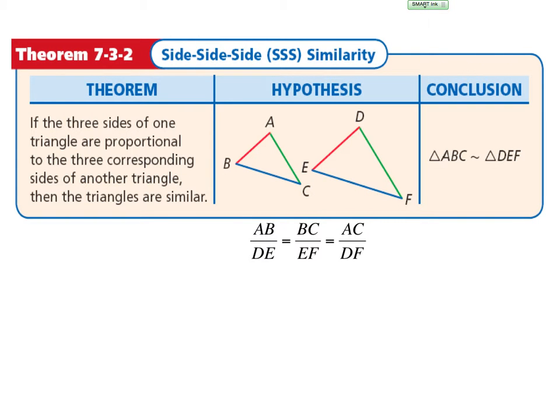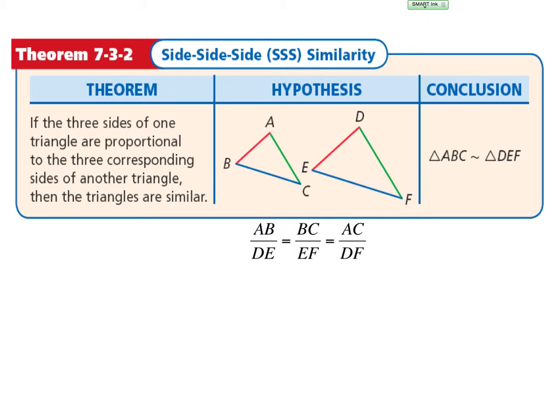Okay, side, side, side similarity. I didn't think they showed enough in their picture, so I wrote the proportions in the hypothesis part there. So if three sides of one triangle are proportional to the three corresponding sides of another triangle, then the triangles are similar.